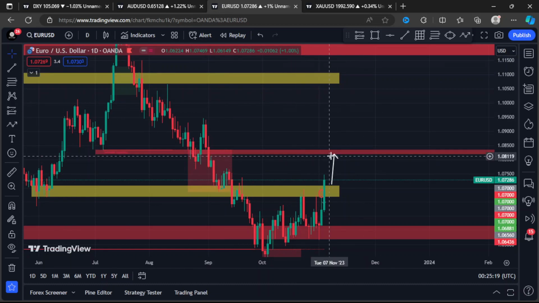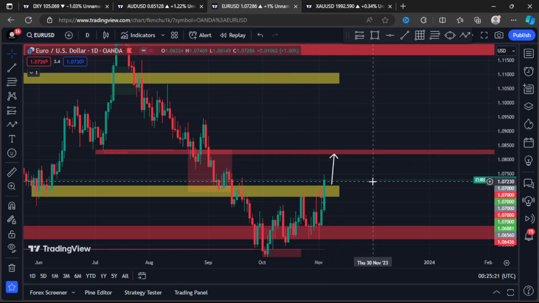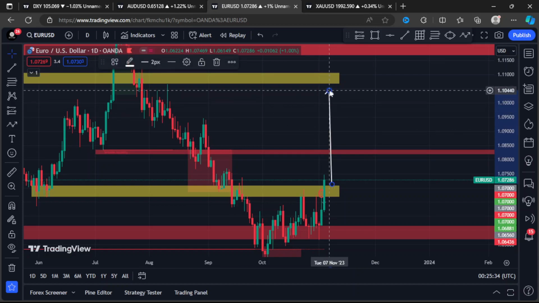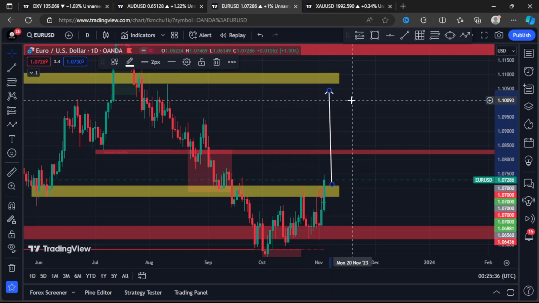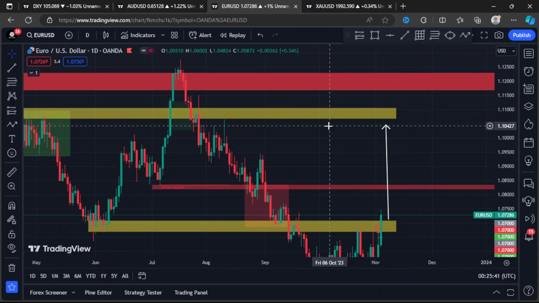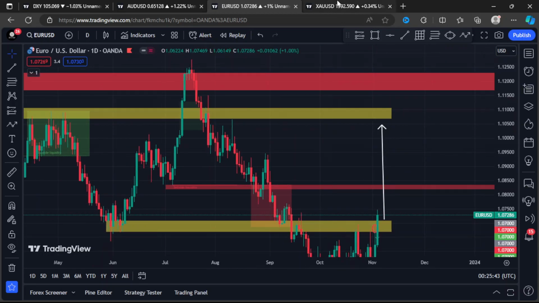Since it's a minor resistance, we might also break through it to hit this major weekly resistance zone, which is on my yellow bar. We can clearly see right here.